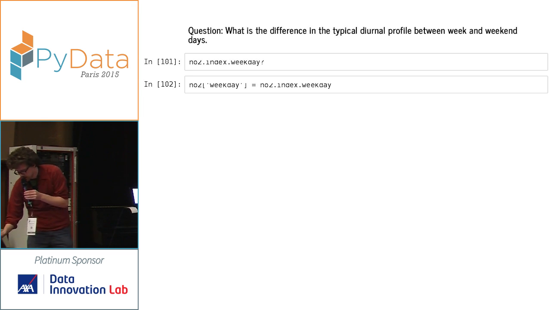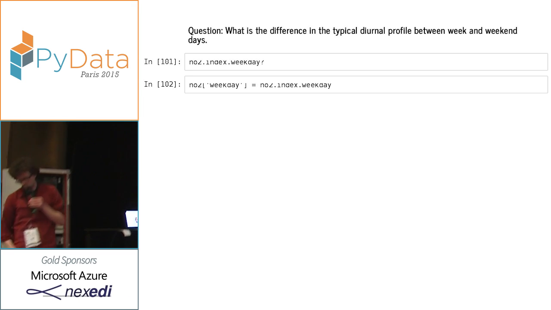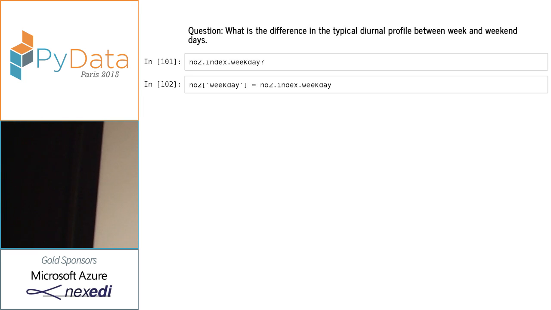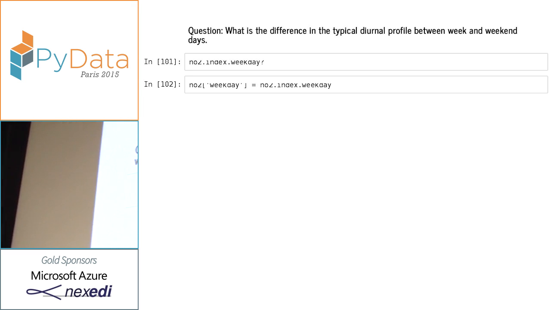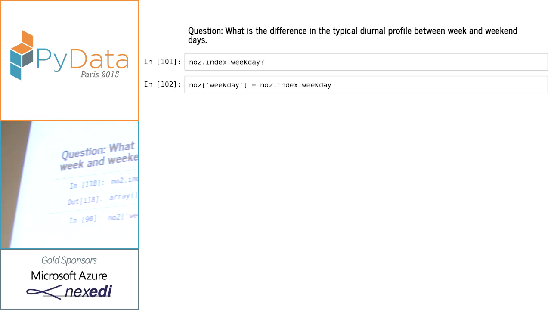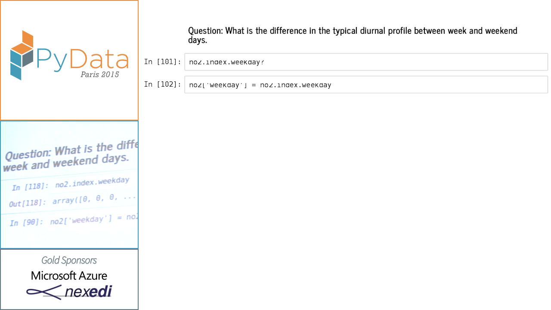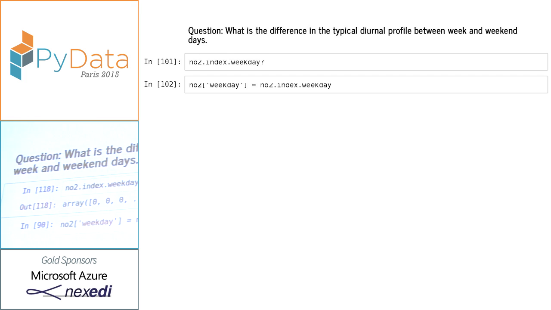For that, you have, for example, the weekday attribute. You only see zeros here, but this will give a number from 0 up to 6 for the different days of the week.